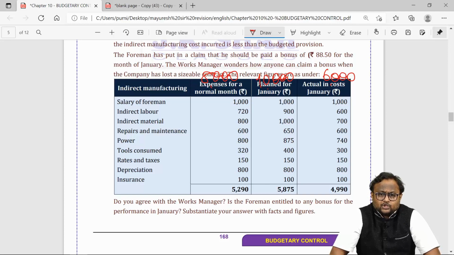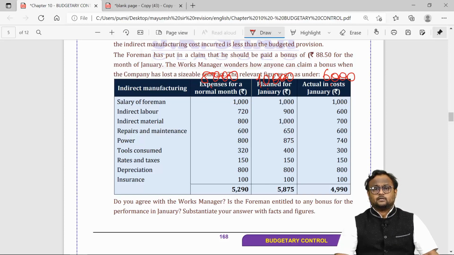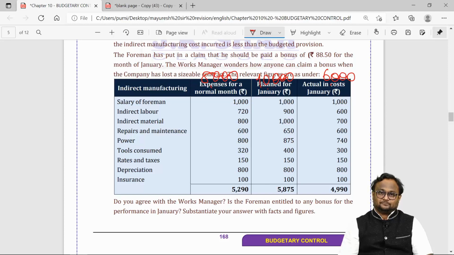I want to know how much I was planning to do at 6,000, and how much I have done at 6,000 level. I'll find out the difference, and this is what you're going to get in case of variances. Comparison between actual and budget is a variance. So the variance calculation has to be done at par. That is one thing.